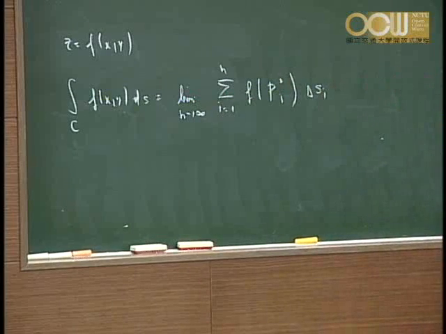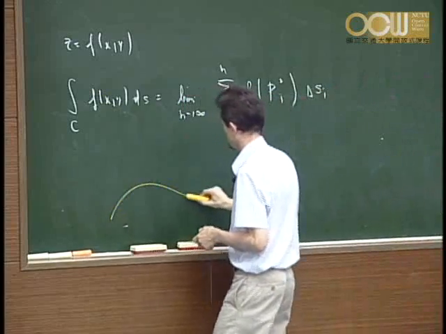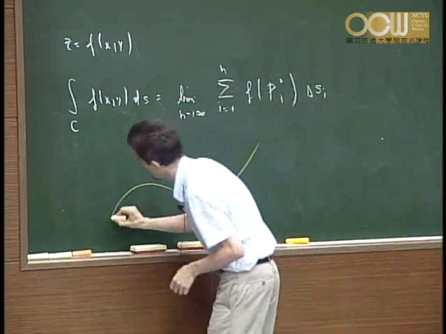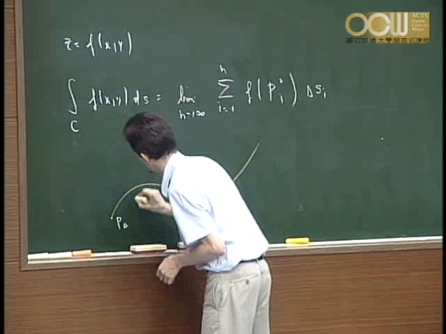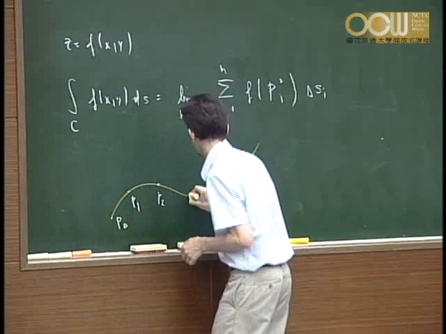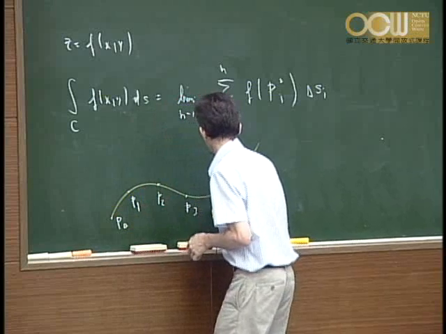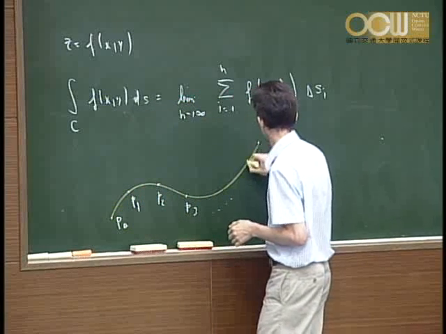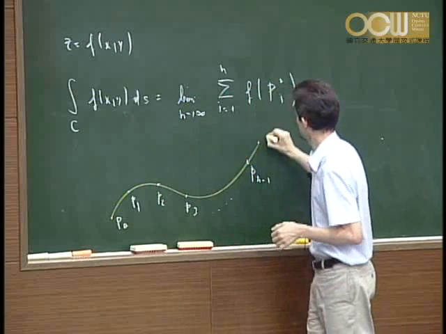So we had here some curve, and we chose sample points P0, P1, P2, P3, and so on, up to Pn minus 1, Pn.